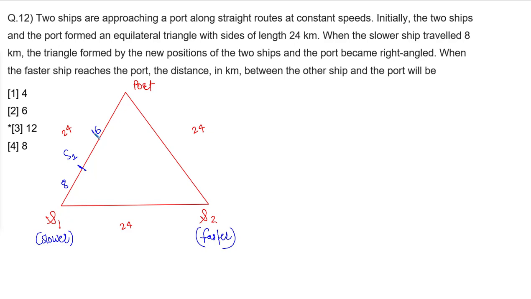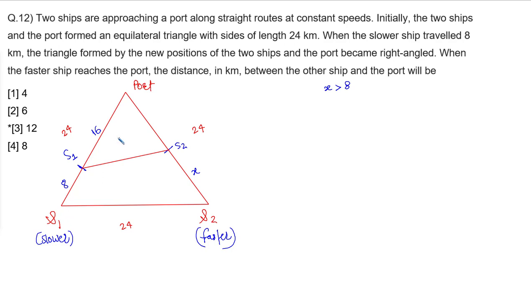So let's have a look at it. The time in which S1 travels 8 km, in the same time S2 will travel more than 8 km because S2 is a faster ship. So let's say S2 comes here and the value of x is the distance traveled by S2, that has to be greater than 8. And this is the new triangle that is going to be the right angle triangle.